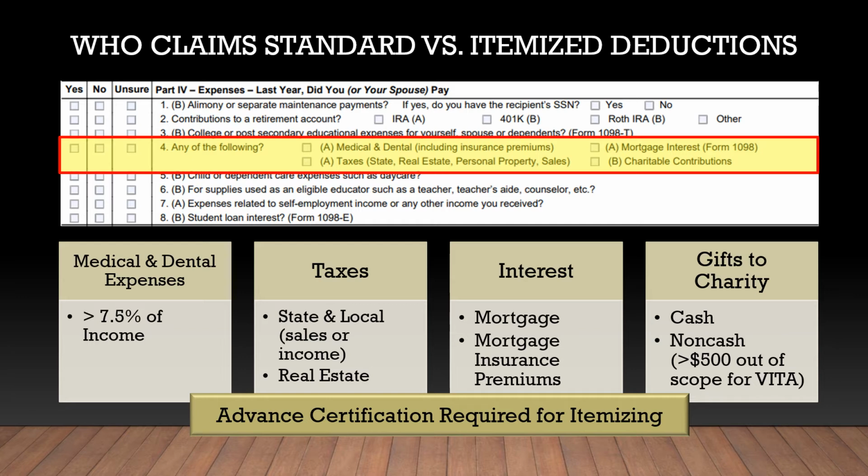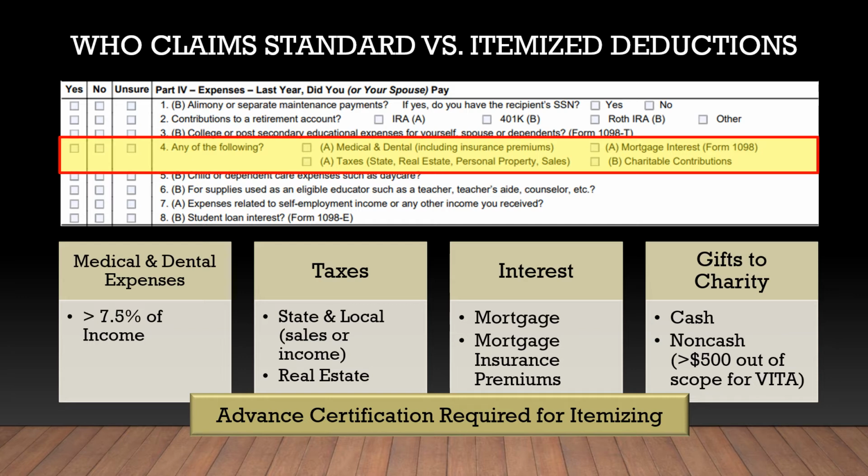And then our last big area is gifts to charity. These can be cash donations or non-cash donations. So it could be like when you take things to Goodwill. Hopefully our taxpayers are keeping track of the value of the items that they're taking, and then they can deduct those.